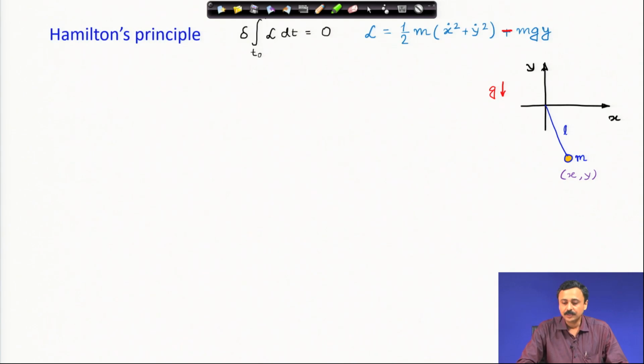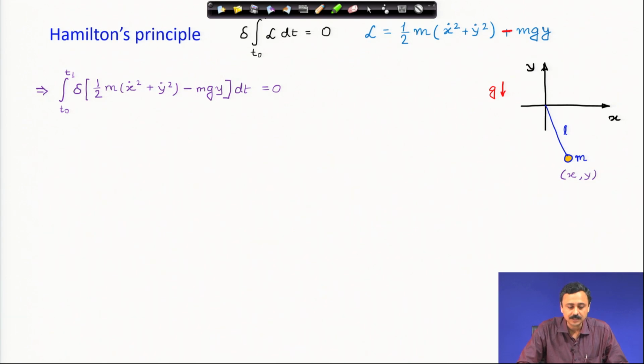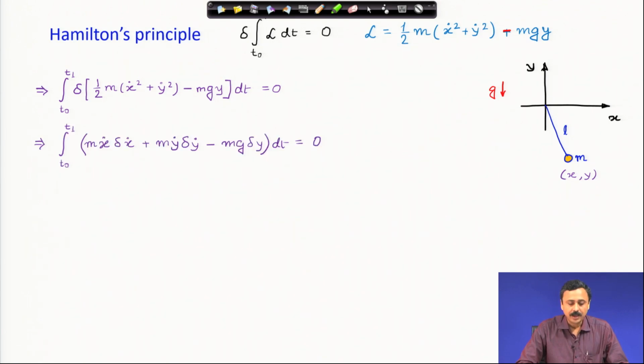With this Lagrangian, we are going to use Hamilton's principle, which gives us this variation of the integrand, and when I operate the variation operator on x dot square, it is x dot delta x dot and 2 times, that half cancels that 2. We have gone through all these steps.